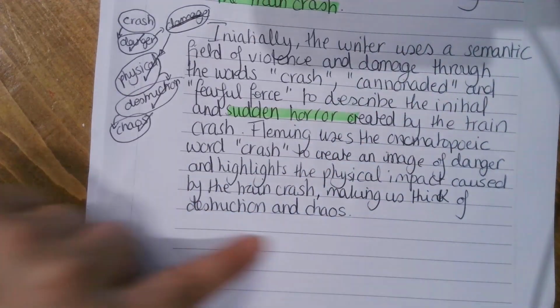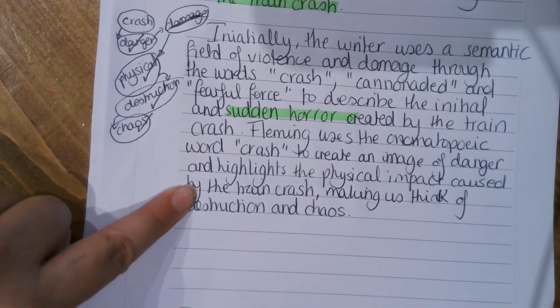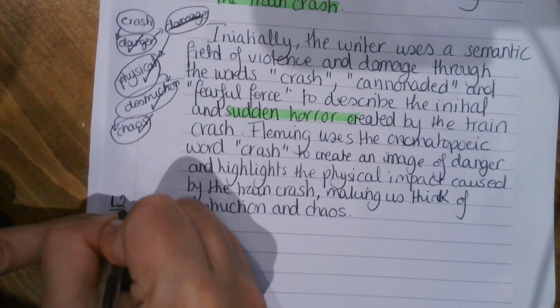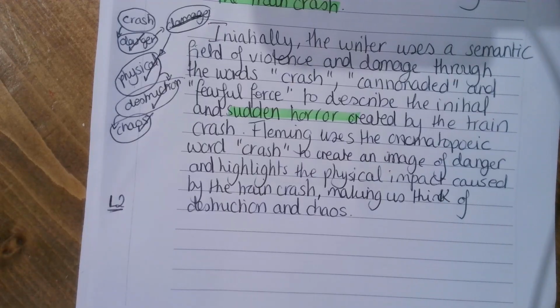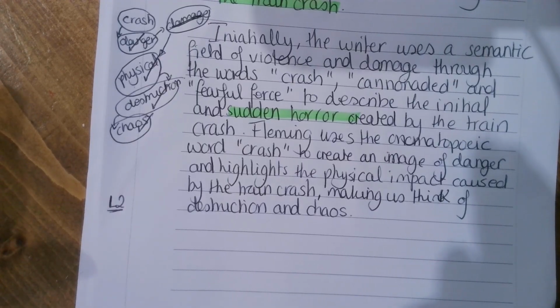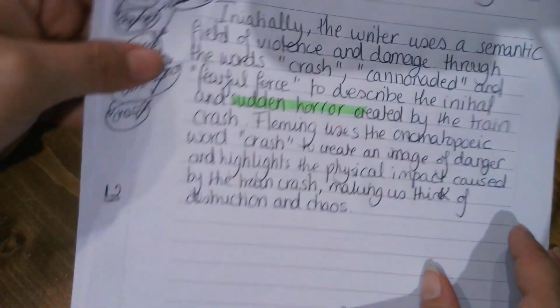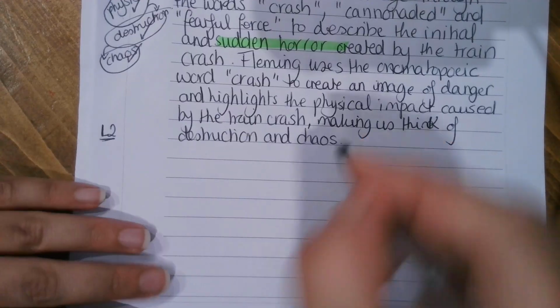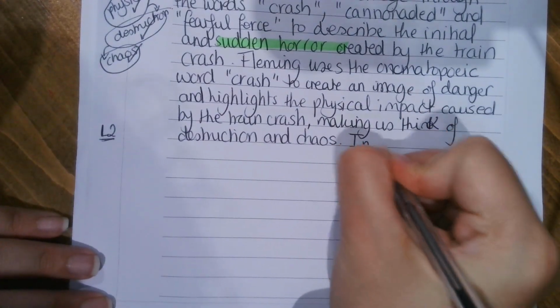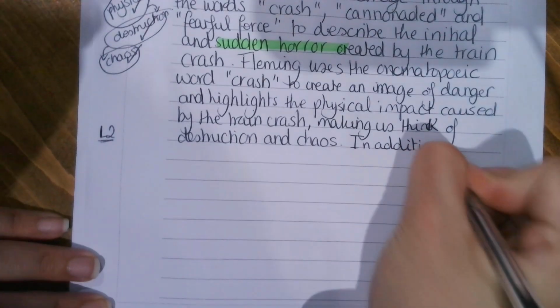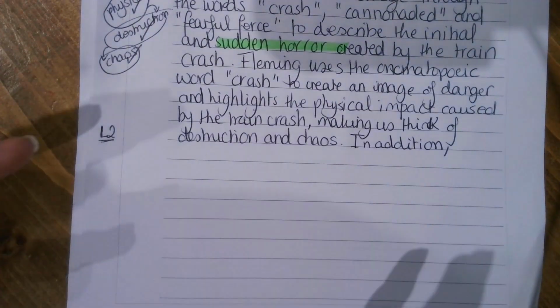So if I wrote something like this in the exam, all of a sudden I would start hitting level 2. So that is between 4 and 6 marks. But I want to write more because I've got other words in my semantic field. So I use this connective. In addition, only time I think of maths. In addition, comma, I'm going to add more to my answer.